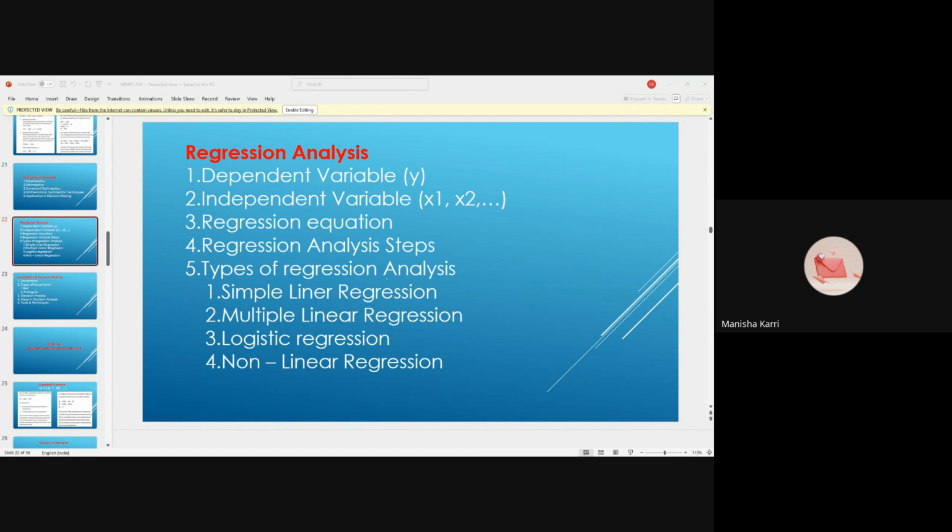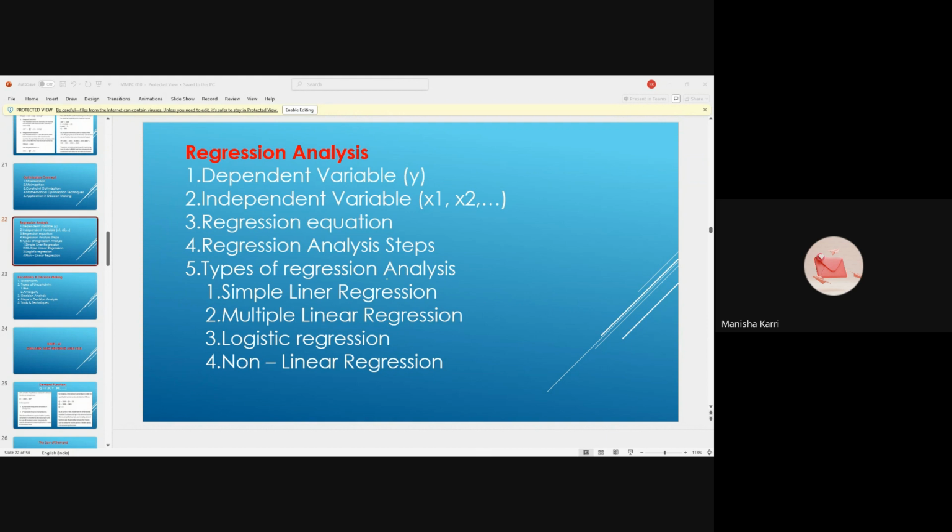Coming to the dependent variable, you can assume it as y. This is the variable you want to predict or explain. For example, in a study of sales data, sales could be the dependent variable. Okay. Next, coming to the independent variables, x1 and x2.